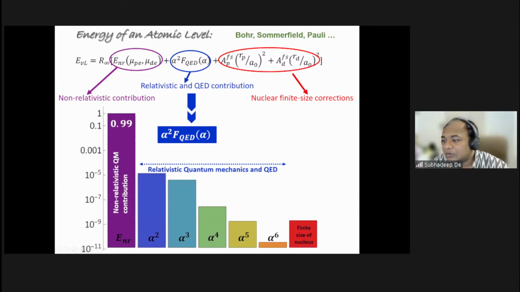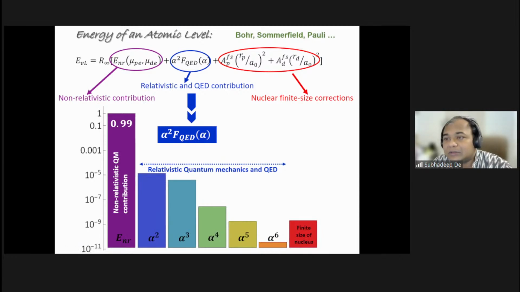Most of the contribution comes from non-relativistic terms, and then there are relativistic corrections to the energy level structure, or atomic structure calculations, which depend on different exponents of alpha. It basically goes up to infinity, but the values decrease slowly, and it is nearly impossible to calculate up to all orders of alpha because it requires extremely high computation. It is not possible to calculate, but one can of course measure it.